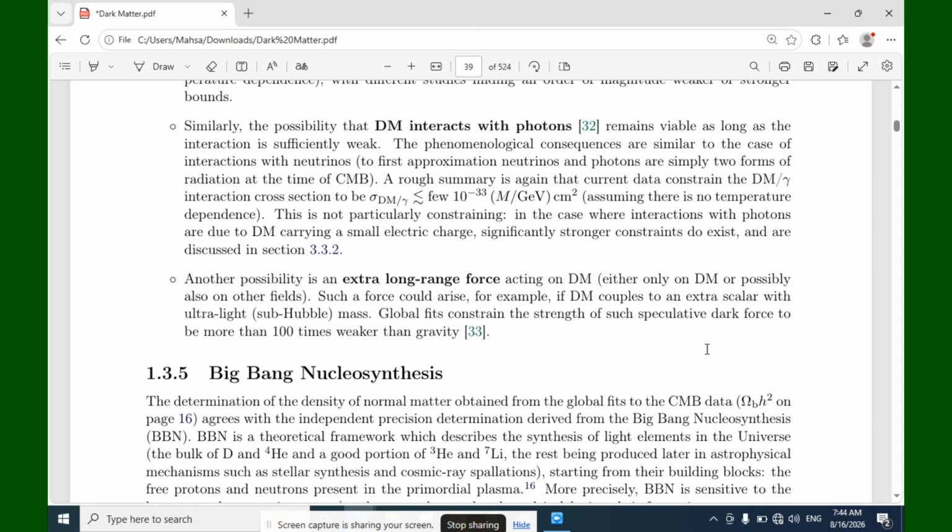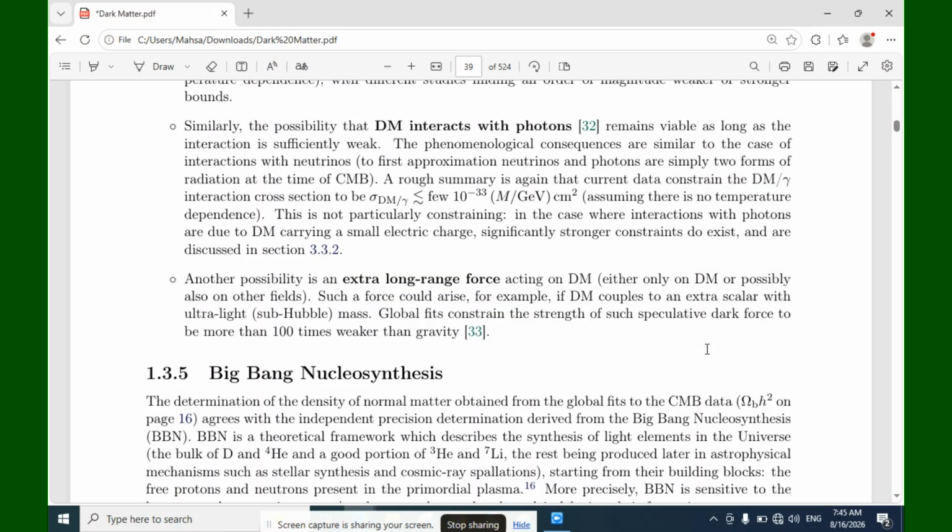This is not particularly constraining in the case where interactions with photons are due to the dark matter carrying a small electric charge. Significantly stronger constraints do exist and are discussed in section 3.1.3. Another possibility is an extra long-range force acting on dark matter, either only on dark matter or possibly also on other fields.